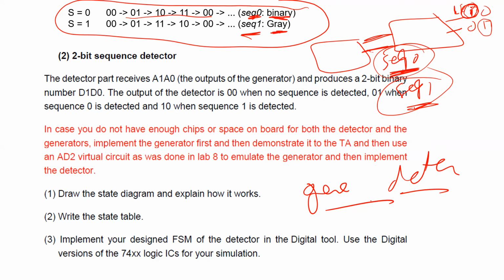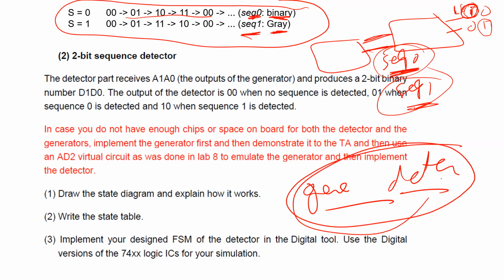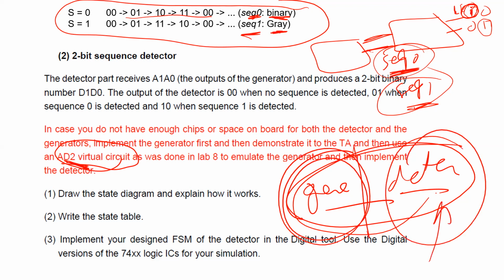What's really important in the project is to learn how to design the generator and the detector. Implementation-wise, we already had several labs about this. So the first option, you can implement everything, maybe a little bit complicated. The second option is to use the Discovery kit to emulate one circuit, for example the generator, and then physically implement the other, like the detector.